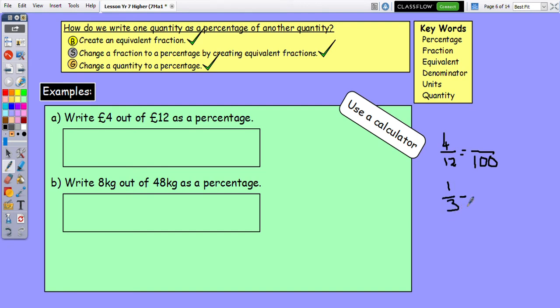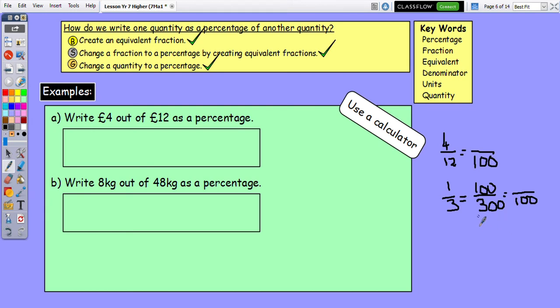Now I know that I can get that to 100 because, if I think about this, if I do get that to 300, remember I'm just creating equivalent fractions. What I do to bottom, I do to top. As long as I'm doing the same, I'm allowed to do it. I can then get this to 100 by dividing by 3, can't I?